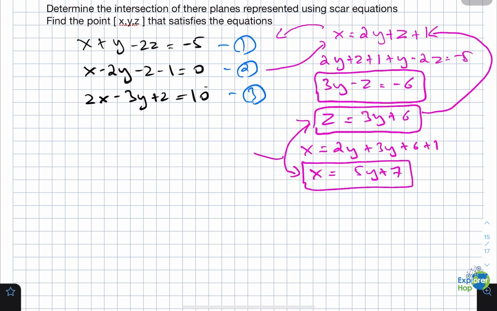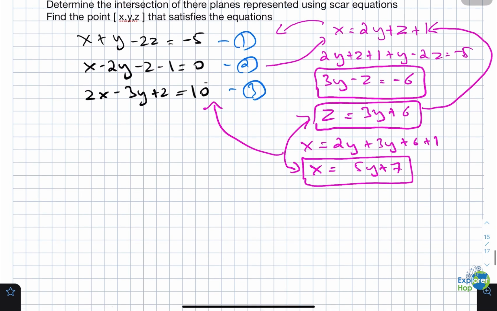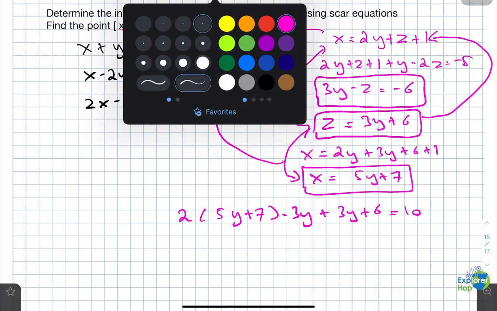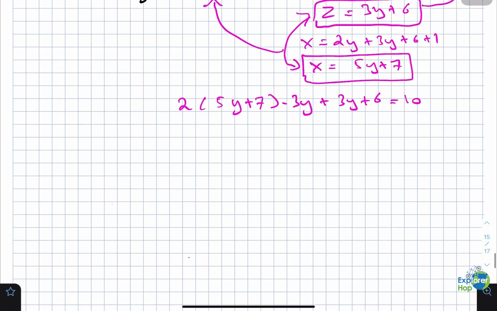I can take both of these and plug them into equation 3, which would give me 2 times 5y plus 7 minus 3y plus z, which is 3y plus 6, equals 10. Now let's solve this.